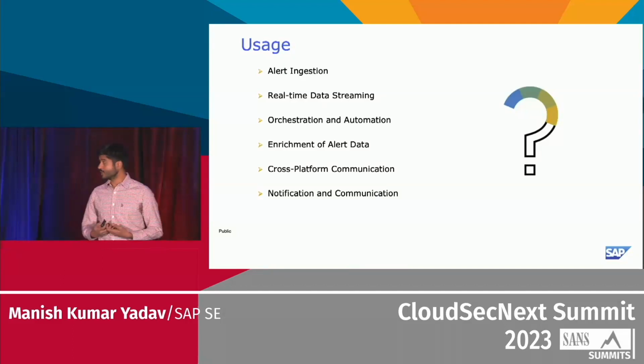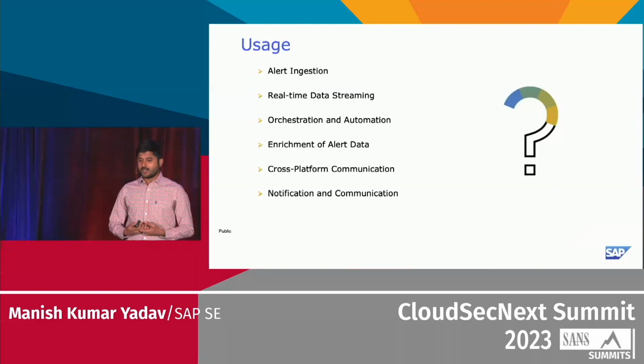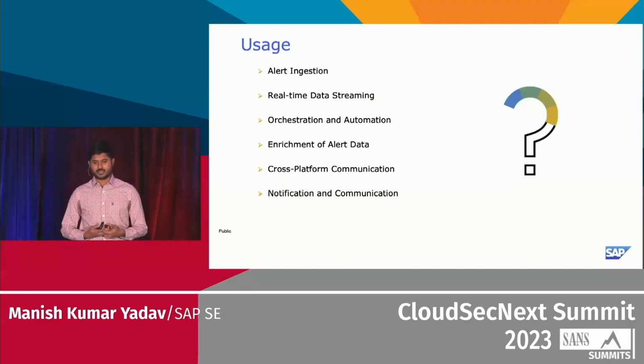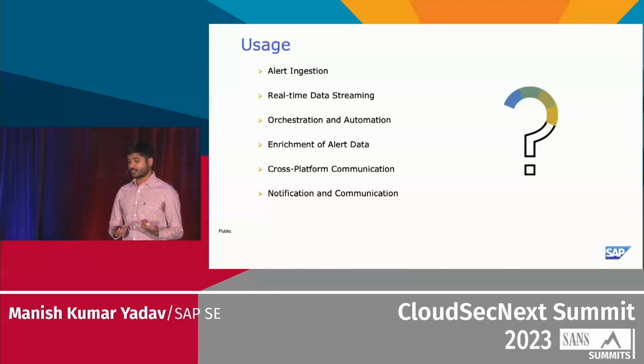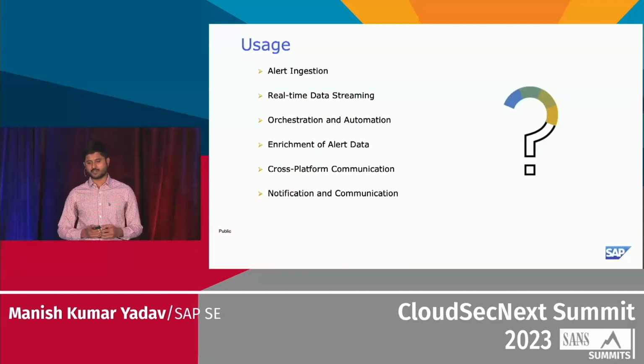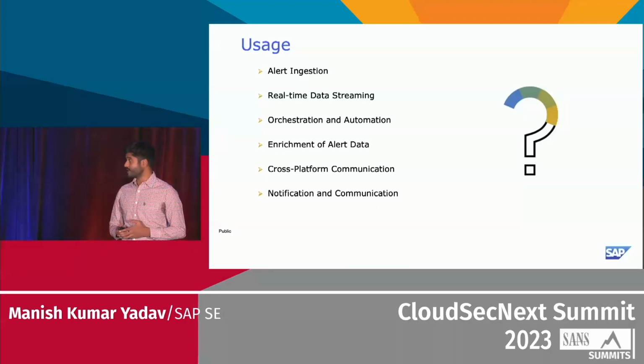So you can also do that with alert data. Cross-platform communication: as I mentioned, you can also have communication with other tooling. And the most important is notification and communication, where you tell the team what is happening with your resources, and you want to make sure that you get notified in a proper time frame and get proper communication.